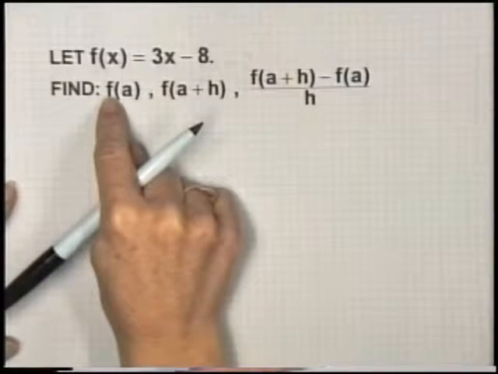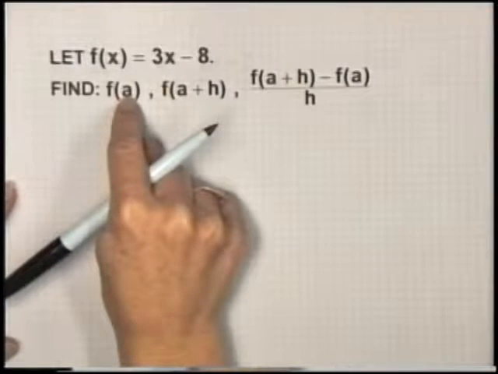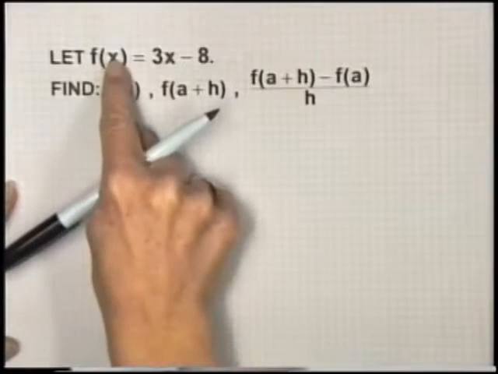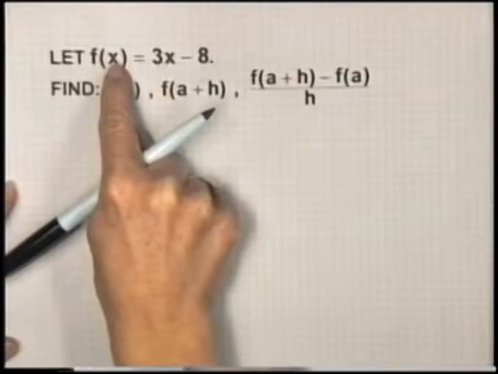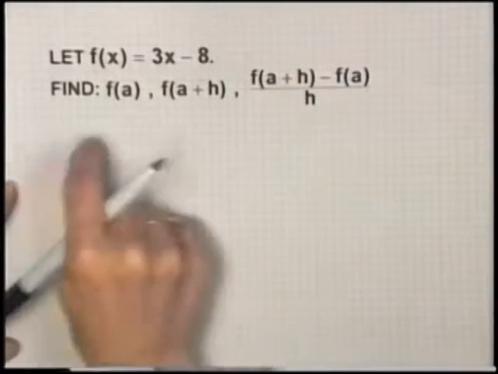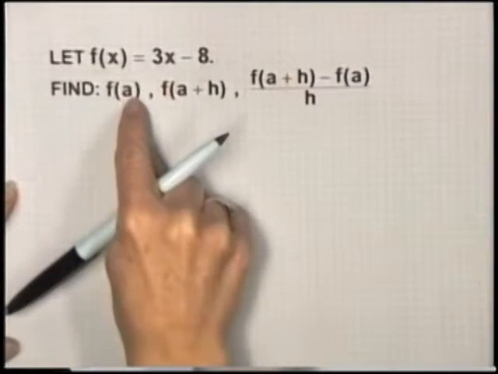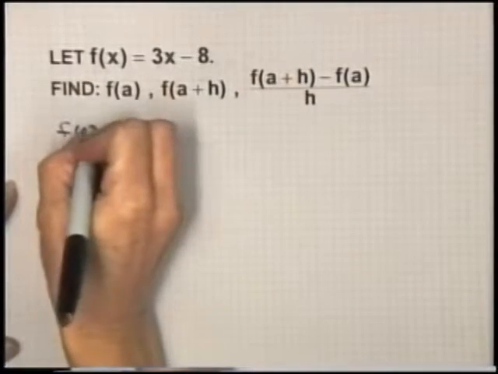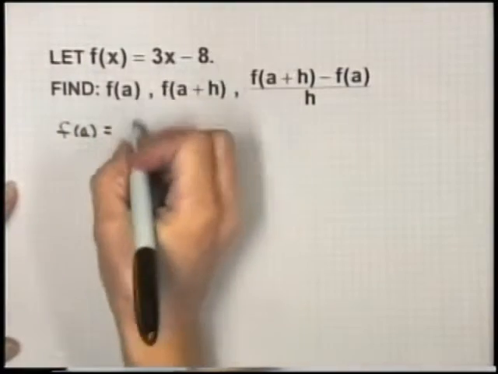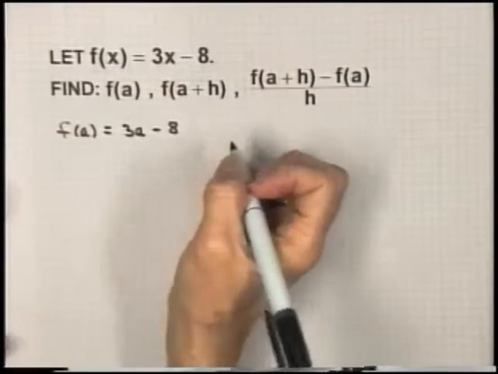We learned in our last example that whatever is inside this parenthesis in the function notation is indicating a replacement for x, or the independent variable in our original function. So this is telling me that in function f up here, I'm going to replace x with a. So we will write f of a equals, replacing the x with the a gives me 3a, subtract 8.